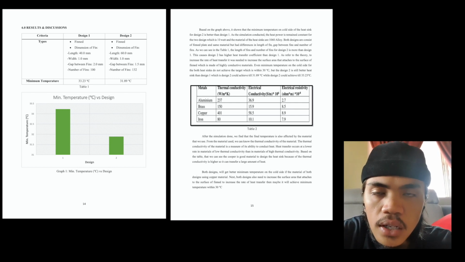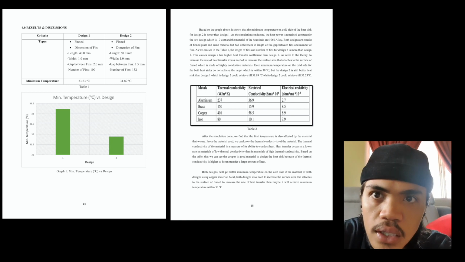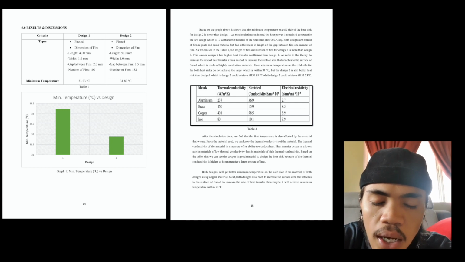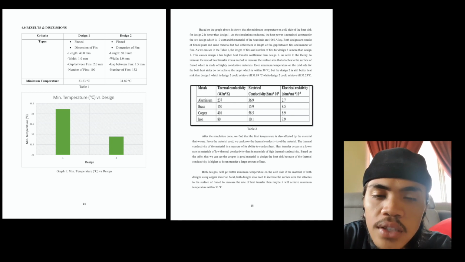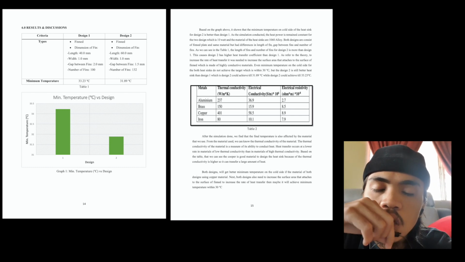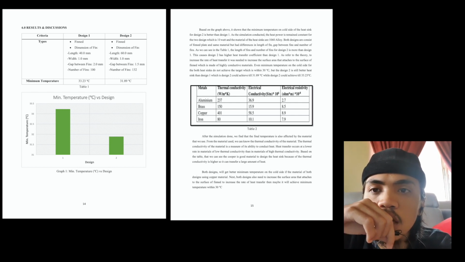Okay, as you can see in table 2, this table is about the thermal conductivity of materials. As you can see, copper has the highest thermal conductivity. So actually our simulation does not achieve the target temperature on the cold side.